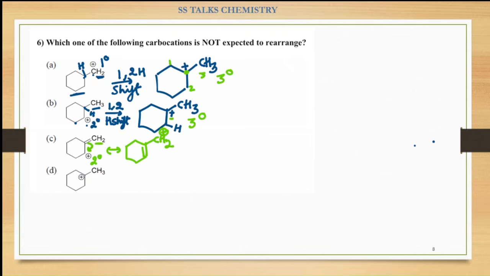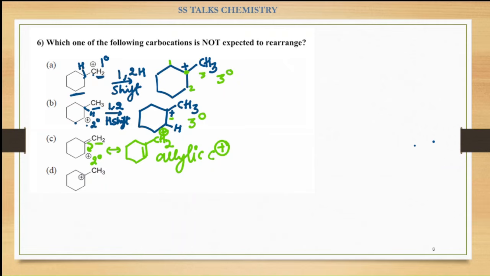This carbocation that you have got is an allylic carbocation. That means after the rearrangement, I am getting a more stable carbocation, so this rearrangement is again going to occur.